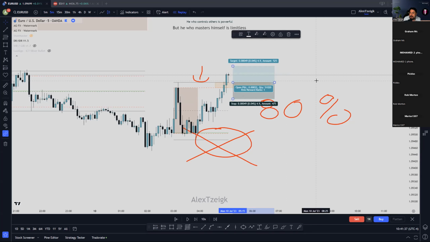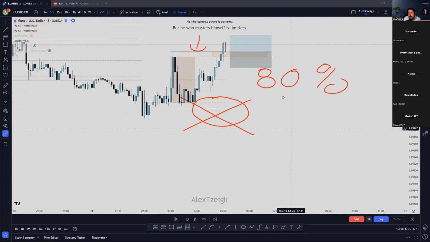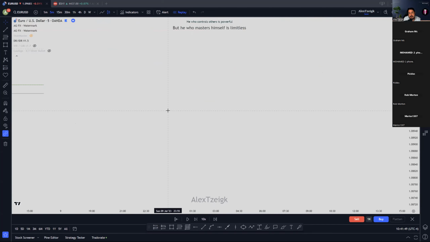Of course, here we can build on it, and imagine that if this is a 5-minute chart, we can go very easily to this chart.